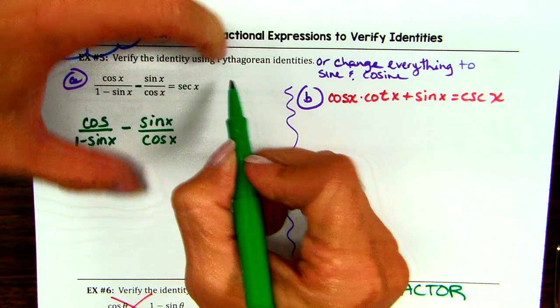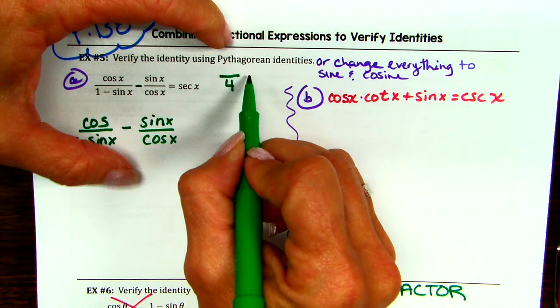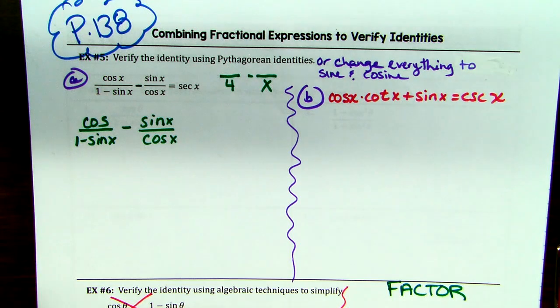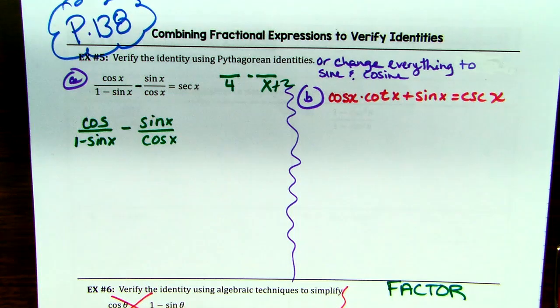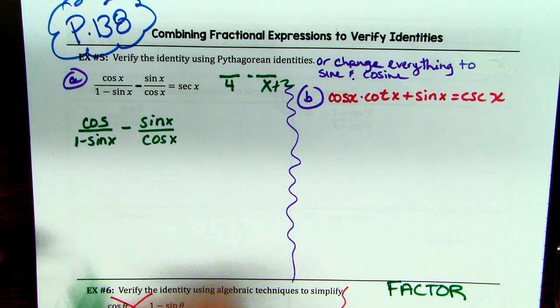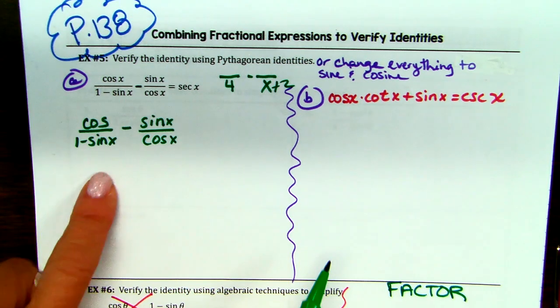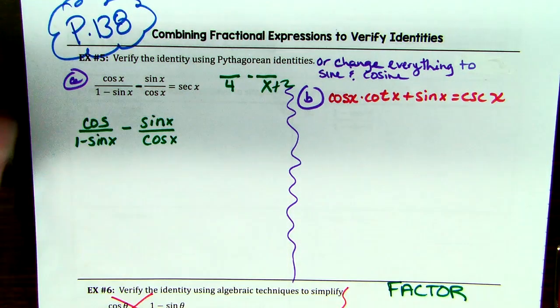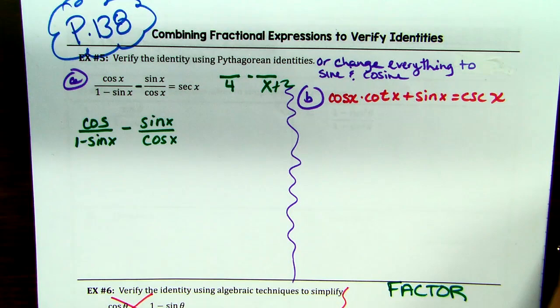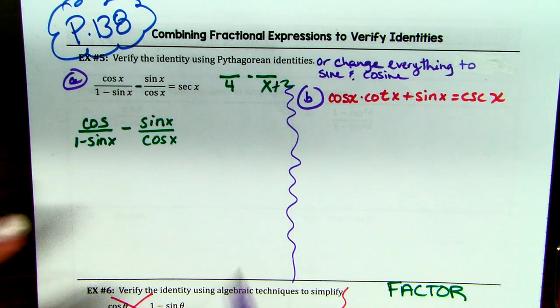For example, if I had a 4 and I had an x, I would have to have the 4 and the x, right? 4 and x would be my common denominator. If this is an x plus 2, I'd need a 4 and an x plus 2. So here, I need cosine x and the 1 minus sine x. If it's in the denominators of your two fractions, it has to be in the denominator of your common fraction, okay?